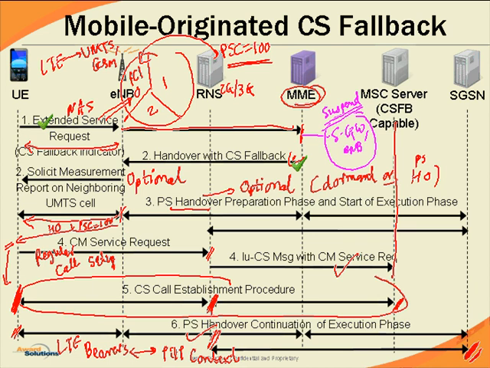So with MME and MSC interactions, the SGs interface will take care of the mobility. The UE itself does not need to leave LTE and go to CS technology for location area update. Indeed the UE will stay on LTE even when we have CS fallback. The CS core network update is taken care of through MME-MSC interaction.